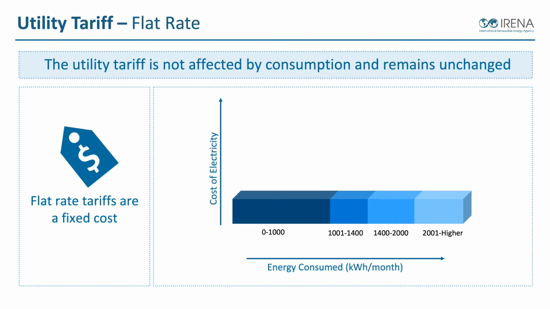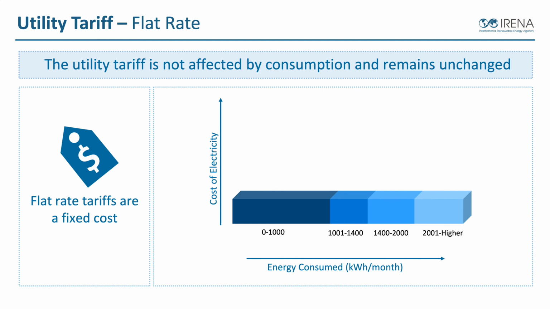So a flat rate system basically means the utility tariff is not affected by consumption and it remains unchanged throughout the month or the year. So flat rate just means we have a fixed cost of electricity. No matter how much you use, that is the fixed amount that's constant. So it doesn't change throughout the year.